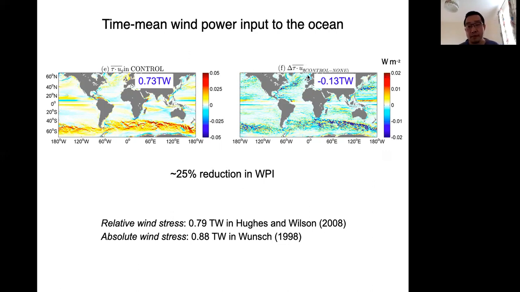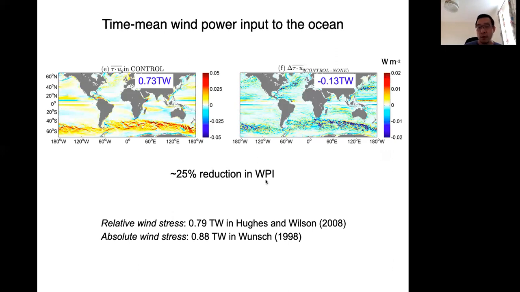And the difference in wind power input between control and none, which is primarily due to the relative wind stress effect, we find the energy input is reduced by about 0.13 terawatt, which represents a 25% reduction in wind power input.